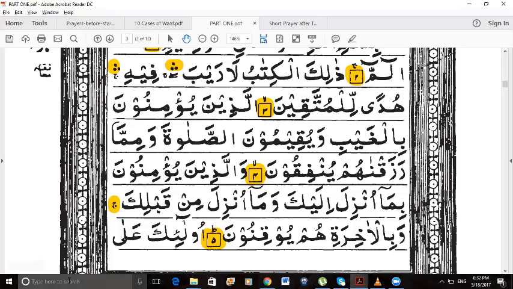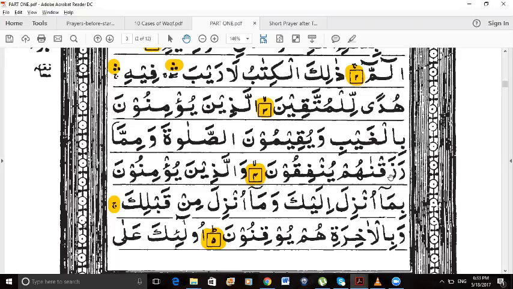Now over here, you have much kalkala happening, so make sure that you remember. Even over here, min qablik. This ba would come under kalkala, so a slight jerk sound. Qablik. Excellent, well done. And even over here, this is a qaf with the sukoon.